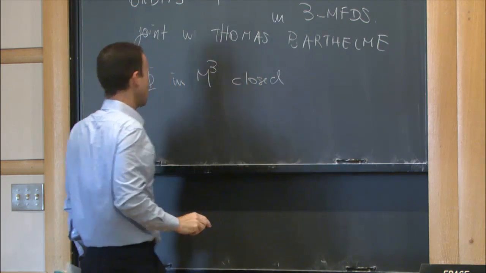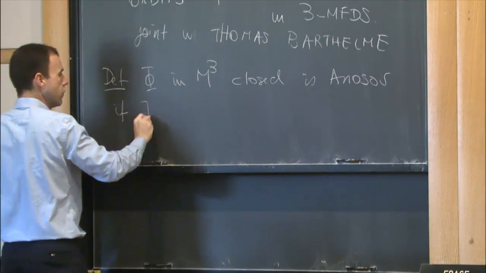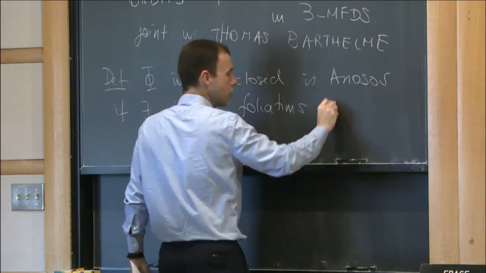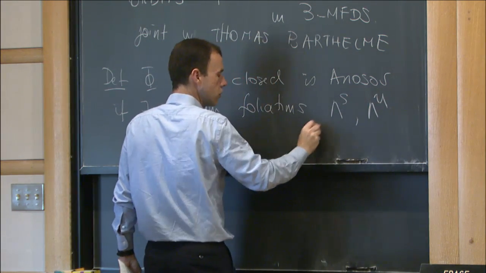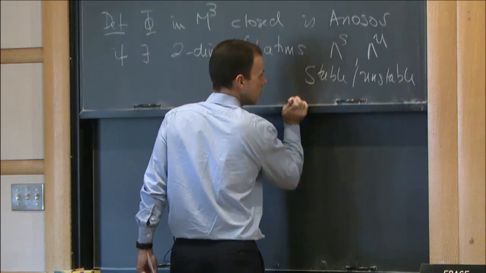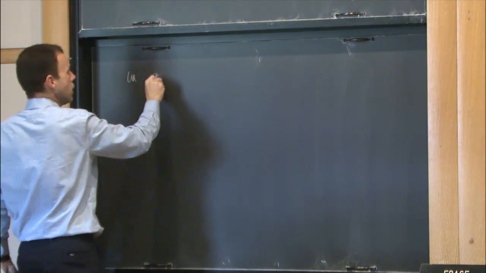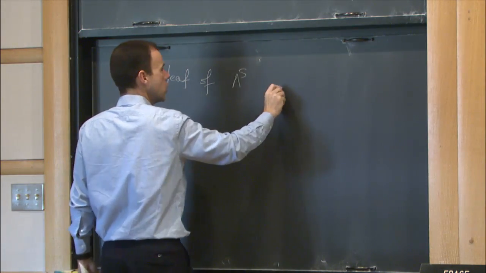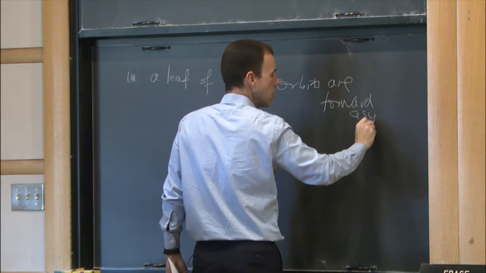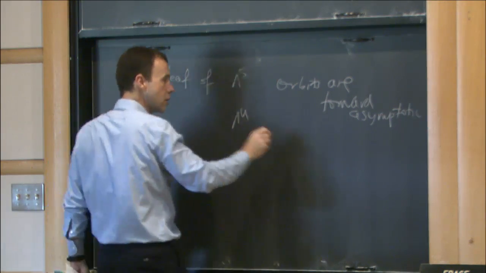A flow in a closed 3-manifold is Anosov if there are 2-dimensional foliations, stable and unstable foliations, so that in a leaf of the stable foliation orbits are forward asymptotic, and in the unstable foliation they are backwards asymptotic.